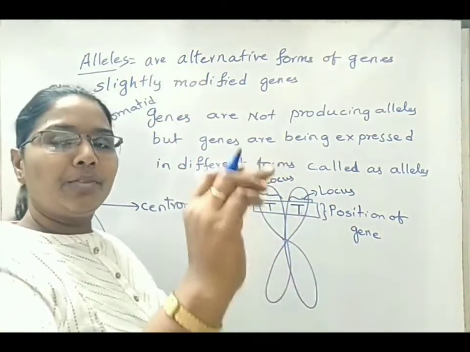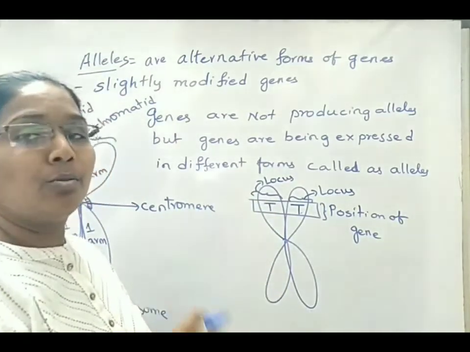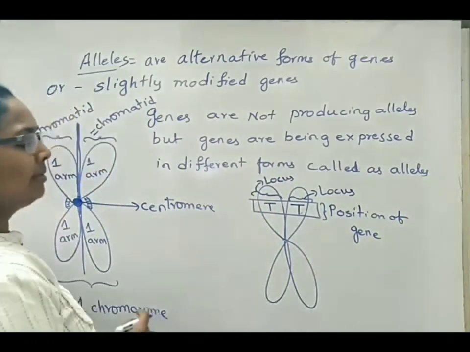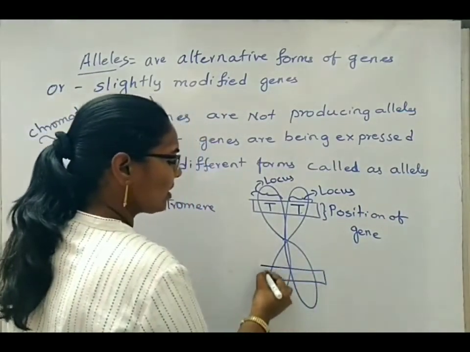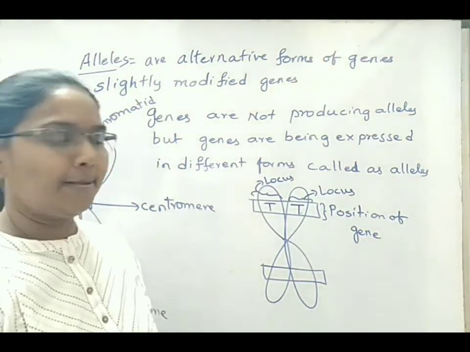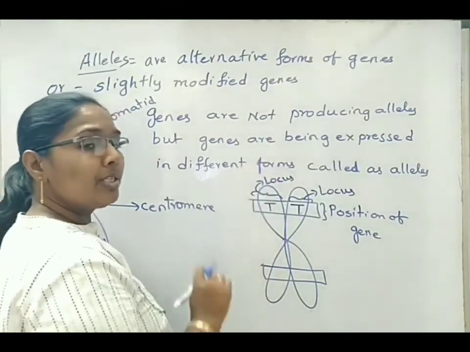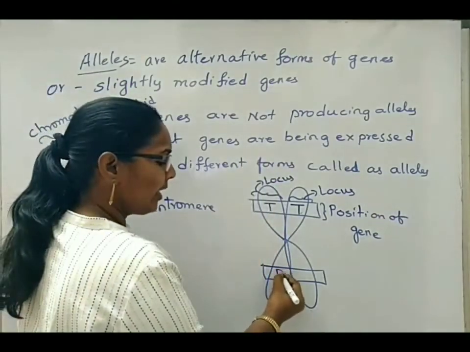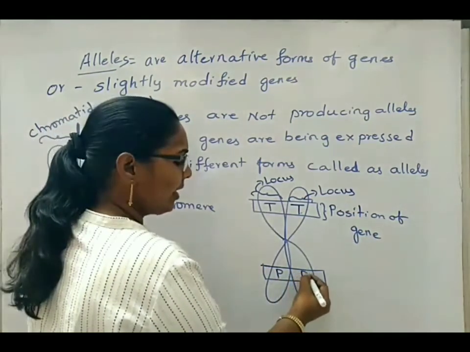In all individuals of that species, that gene will be located at that position of the chromosome only. Now, suppose there is another gene responsible for violet color of the flower in a plant, then it can be present at some other position. If it is giving purple color to the flower, then we can write like this.